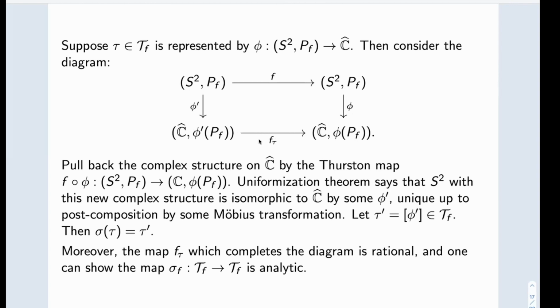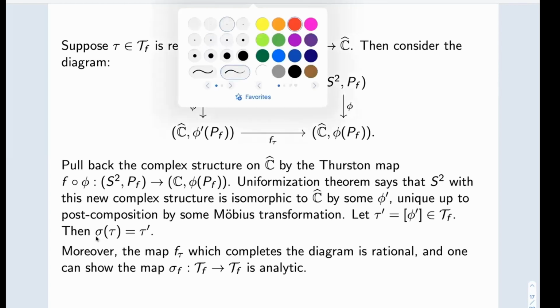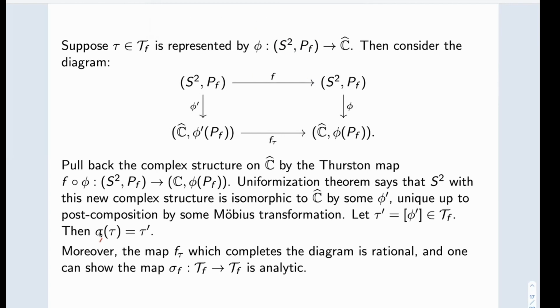So we obtain this commutative diagram, where f tau is defined to be phi prime inverse f phi. The point in Teichmüller space that corresponds to this phi prime is the image value of the pullback map on Teichmüller space.